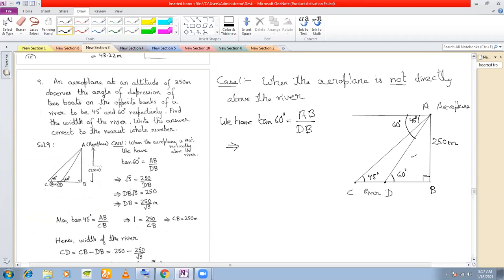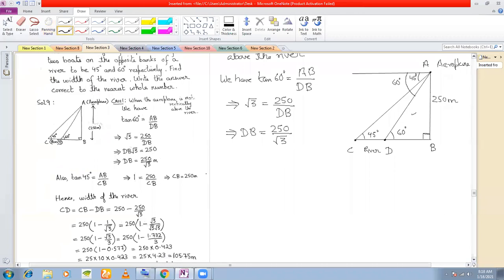And tan 60 is root 3. AB is 250 and this is DB. That means DB is 250 by root 3.